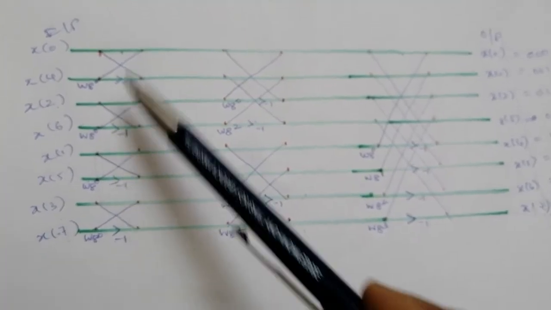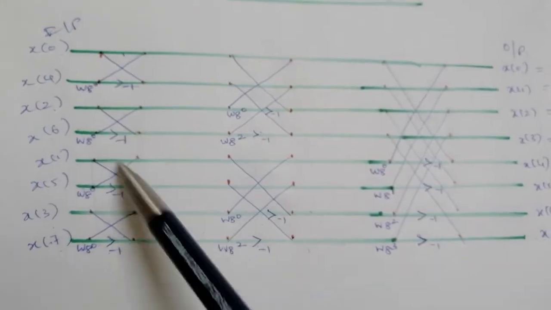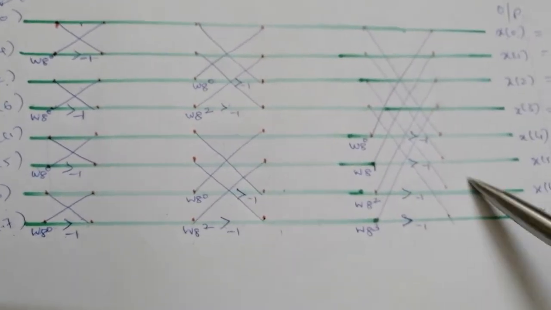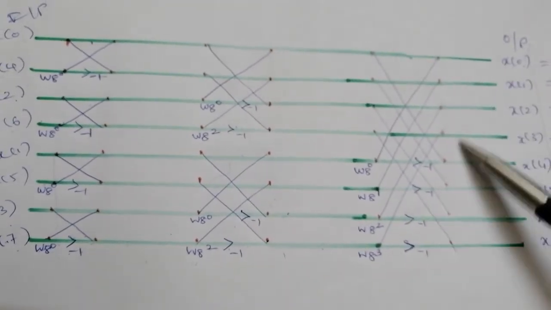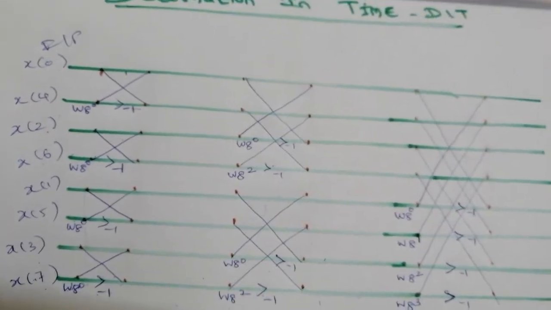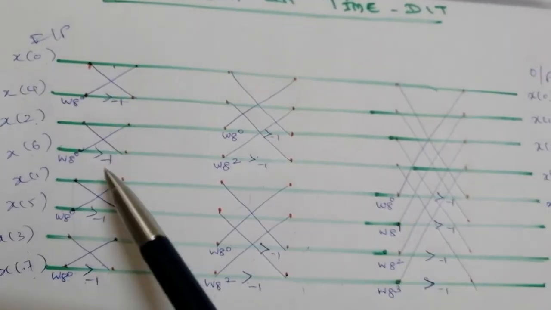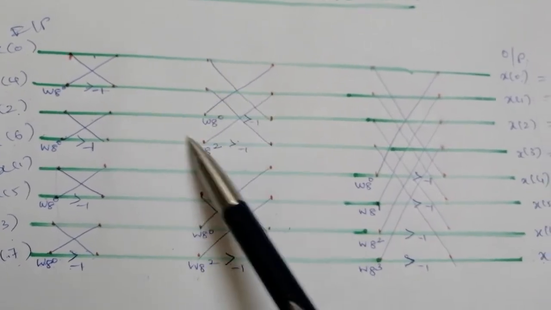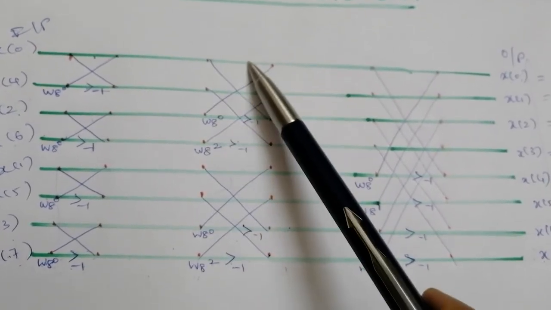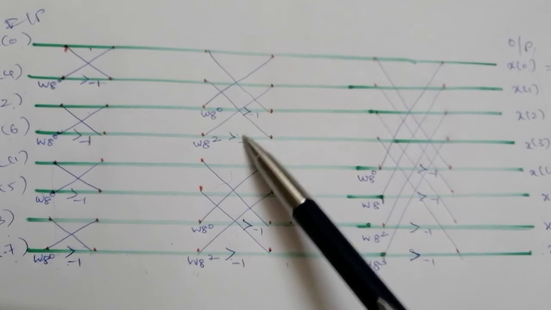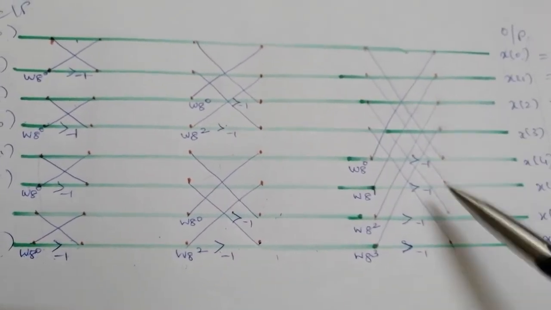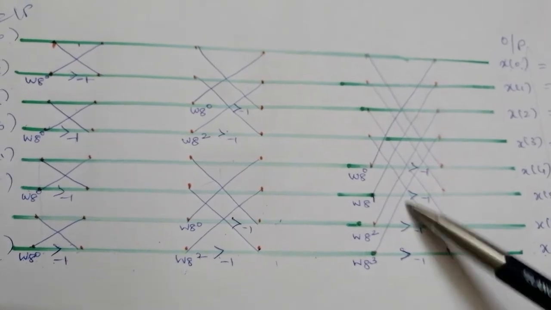Then draw the first stage combining 2 lines, then the second stage combining 4 lines, then the third stage combining all 8 lines, right? Then multiply with the -1 factor the lower lines of each group. Actually it's 4 groups, each divided into 2, so the below line is multiplied with -1. Here the 8 lines are equally divided into 4, so the below 4 lines are multiplied with -1.